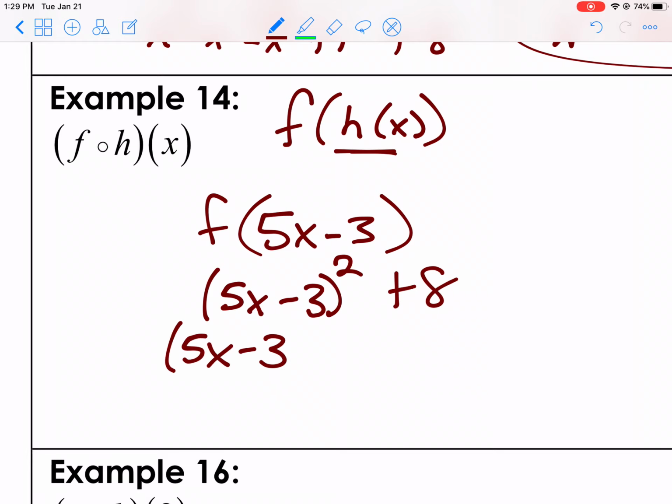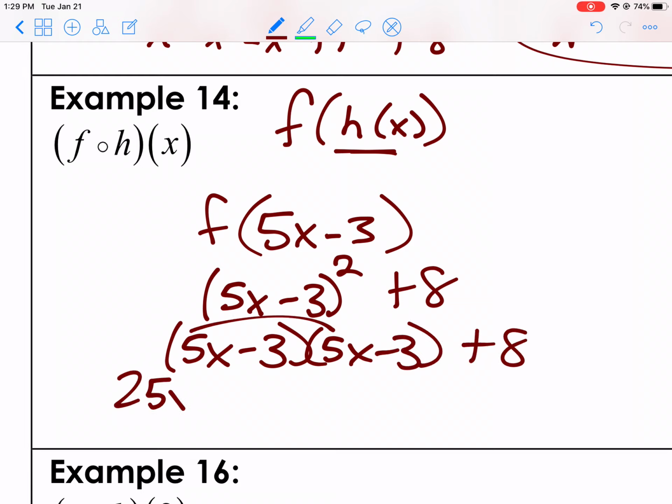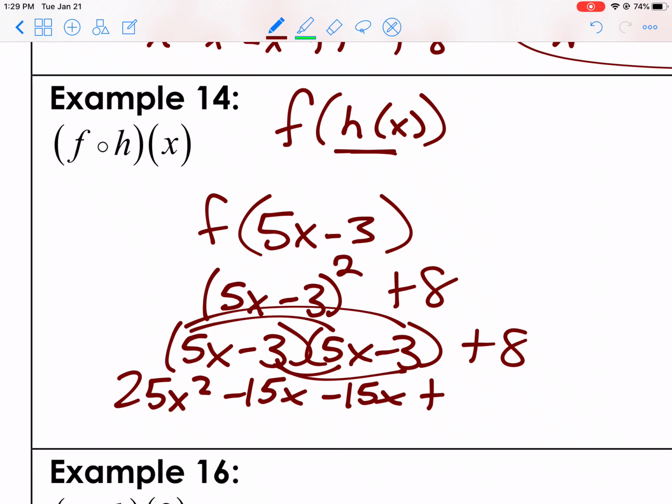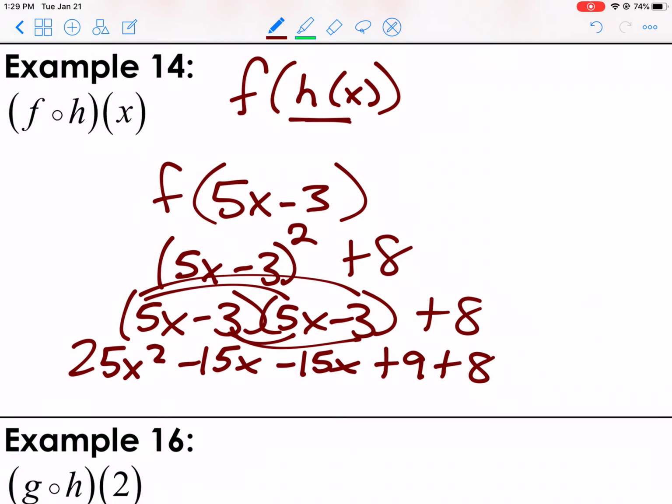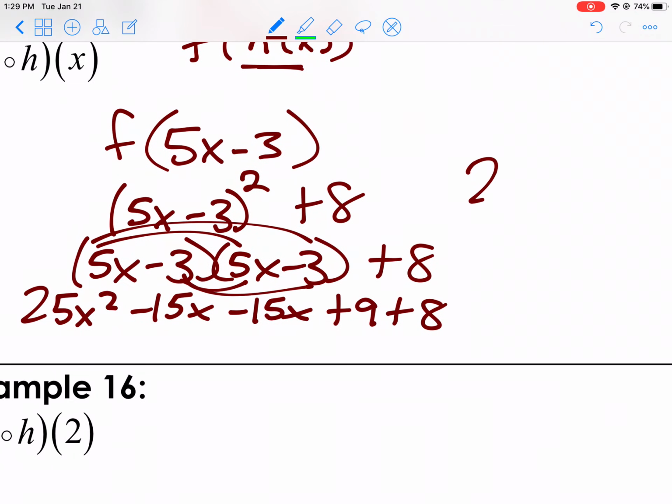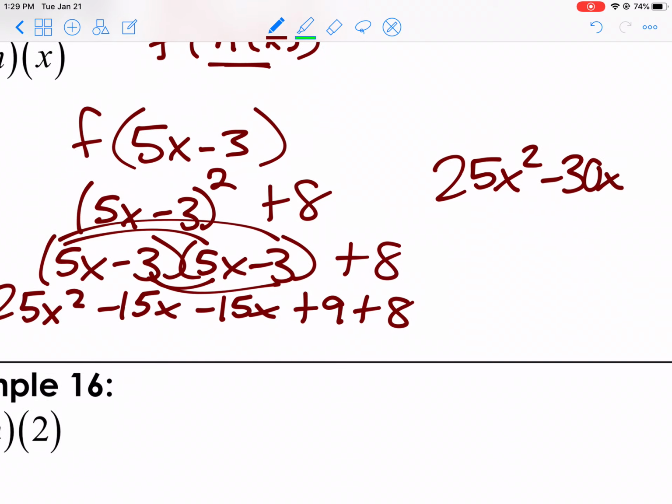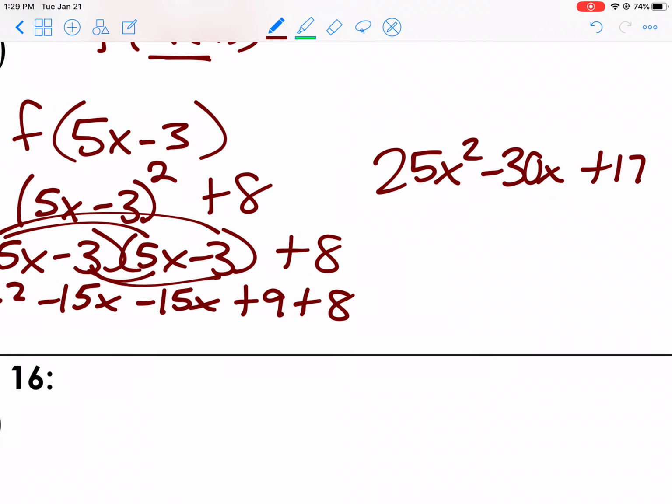So 5x minus 3 times 5x minus 3 plus 8. 25x squared minus 15x minus 15x plus 9 plus 8. So we end up with 25x squared minus 30x plus 17.